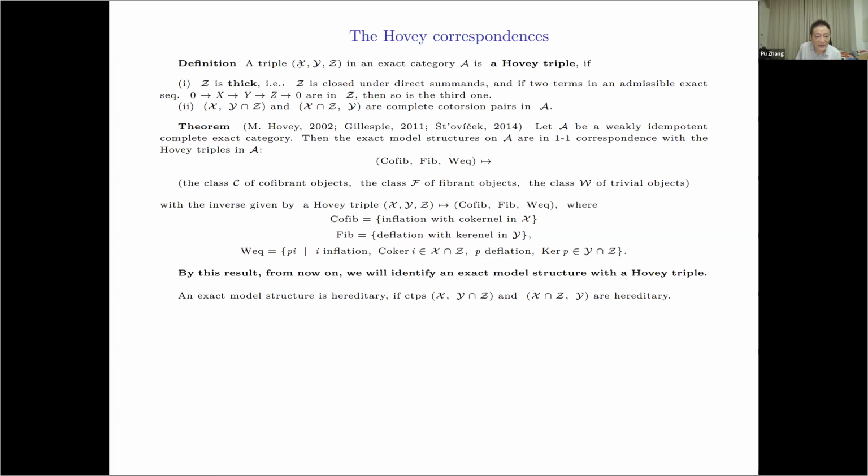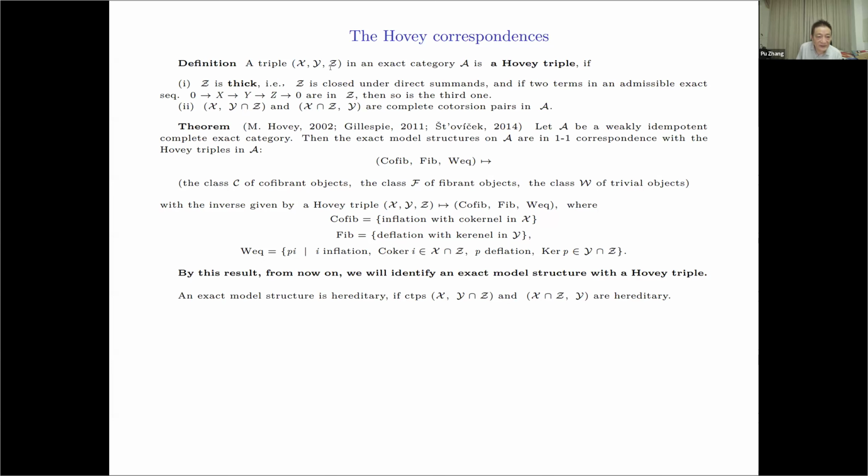classes of objects. That Z is thick means Z is closed under direct summands, and for any two terms in an exact sequence in Z, so is the third one. This is called thick, and there are two complete cotorsion pairs.